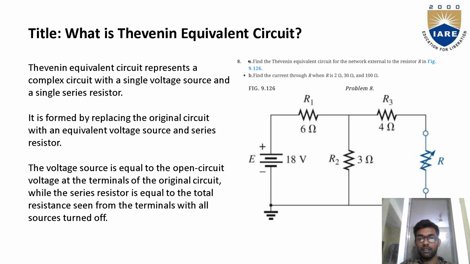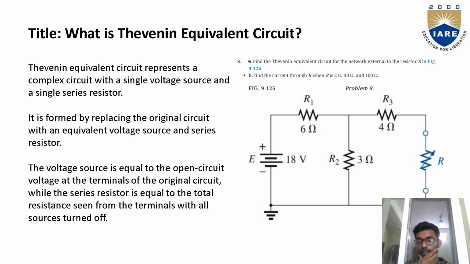It contains only a single voltage. We are converting many voltages into a single voltage and many resistors into a single series resistor, and then we solve the complex circuit. It is formed by replacing the original circuit with an equivalent voltage source and a series resistor.